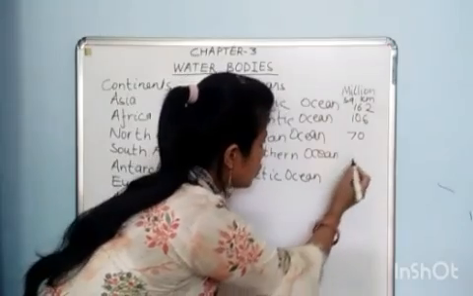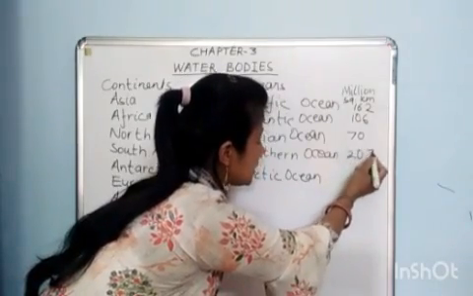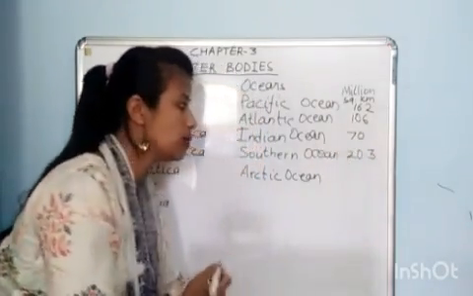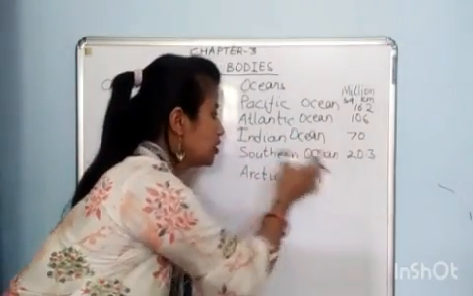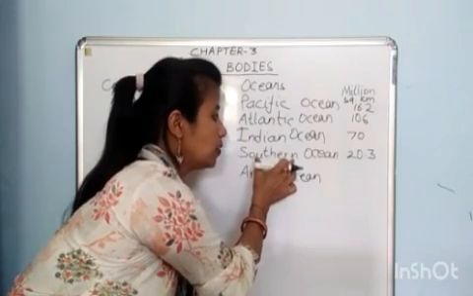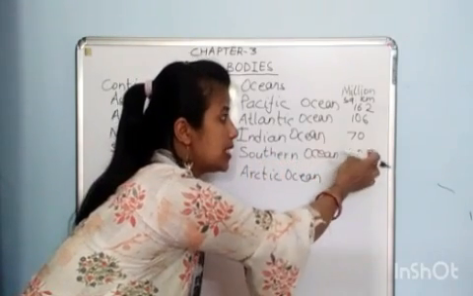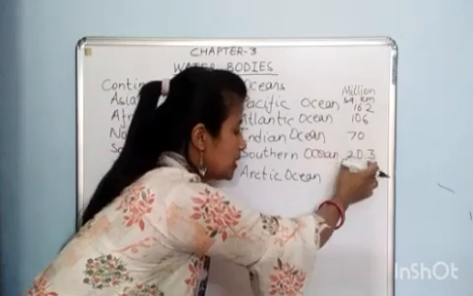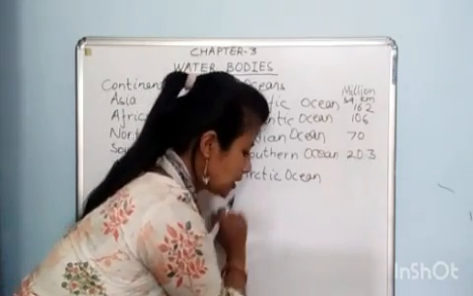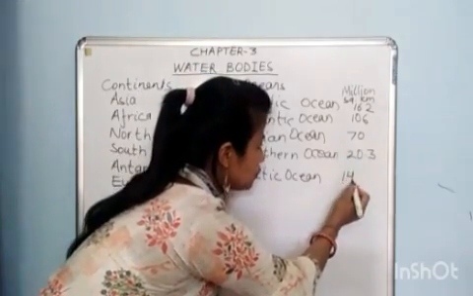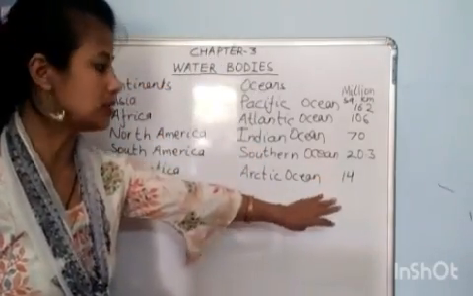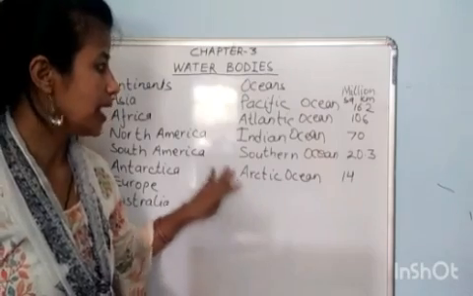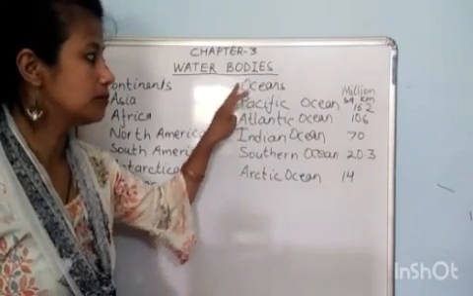Southern Ocean, 20.3 million square kilometers. Now the Arctic Ocean covers 14 million square kilometers. That's why this is the smallest one and this is the largest.